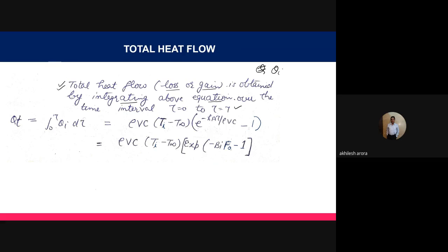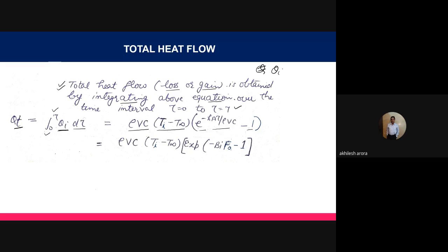So this is the final value, the Qt, that means total heat flow, and that is equal to the integral of Qi d tau, from tau equal to 0 to tau equal to tau. This is the value we get when we integrate: rho Vc Ti minus T infinity, e raised to power minus hA tau over rho Vc, minus 1.